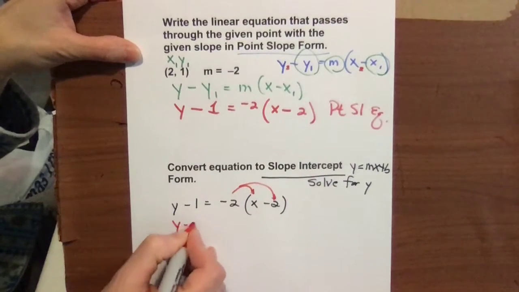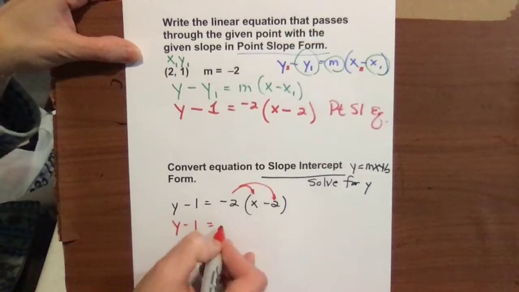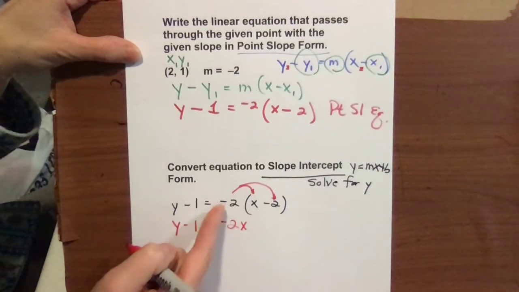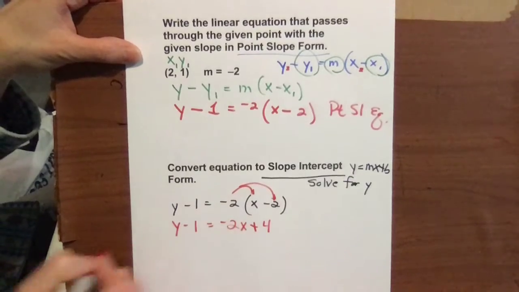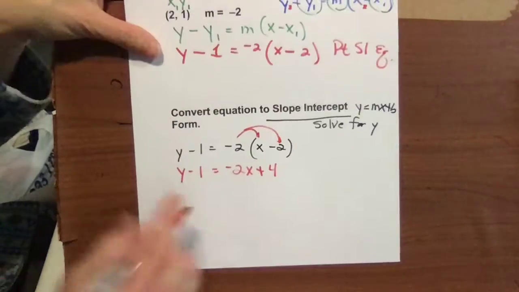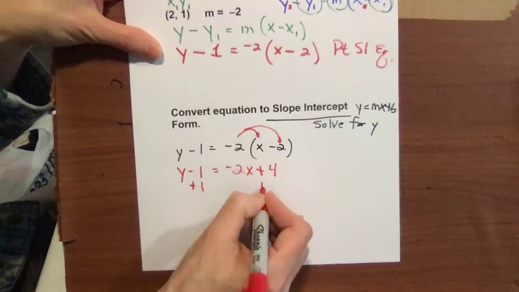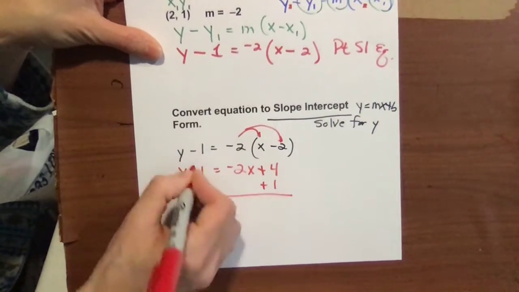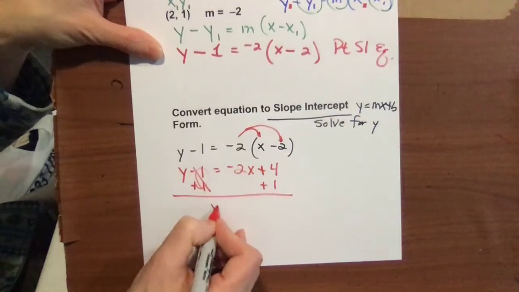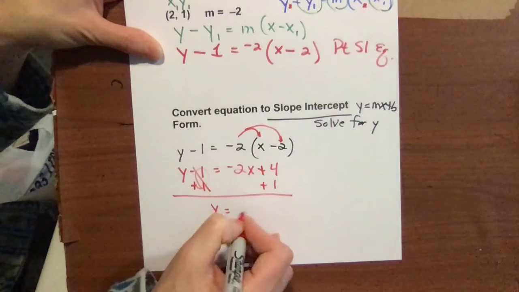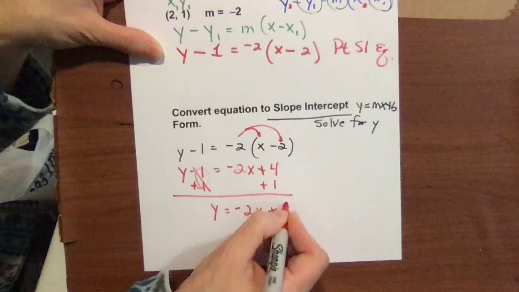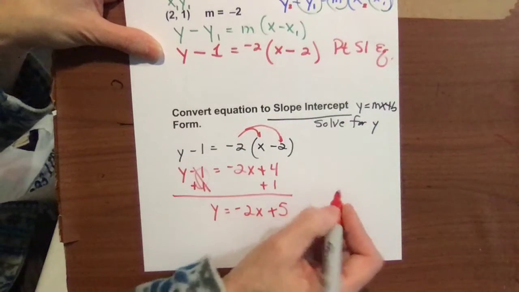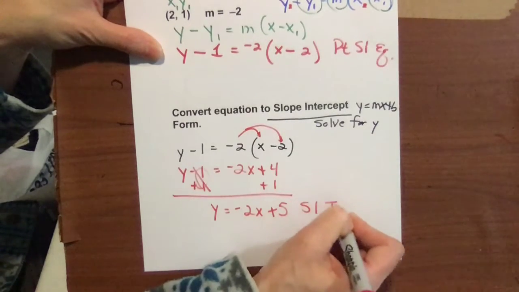So we keep y minus 1 equals -2 times x is -2x. -2 times a -2 again is a positive 4. And then all we have to do is add 1 to each side so that we're solving for y. So we're left with y on the left, which is what we want, equals -2x, and 4 plus 1 is 5, so positive 5. And this is our slope-intercept equation.